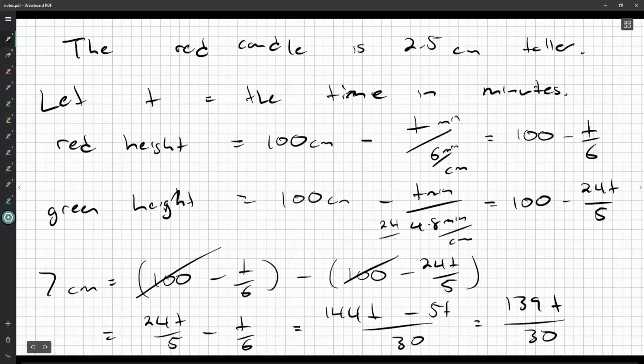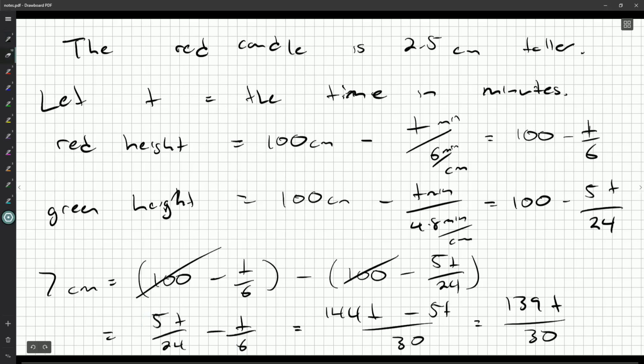It should be 24 over 5. So it should be 5 over 24. That might make the numbers nicer, because those, the 139, those are bad numbers. I would not expect those numbers. So it's good that it caught my eye. And then that makes the calculation so much easier.